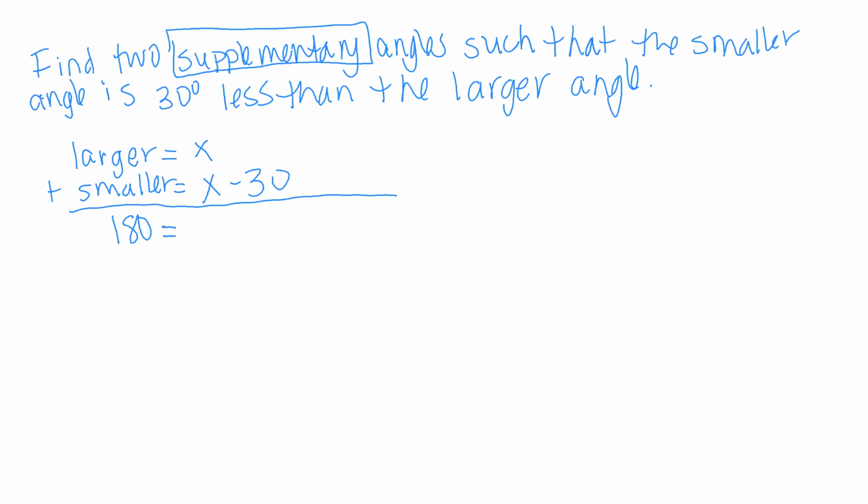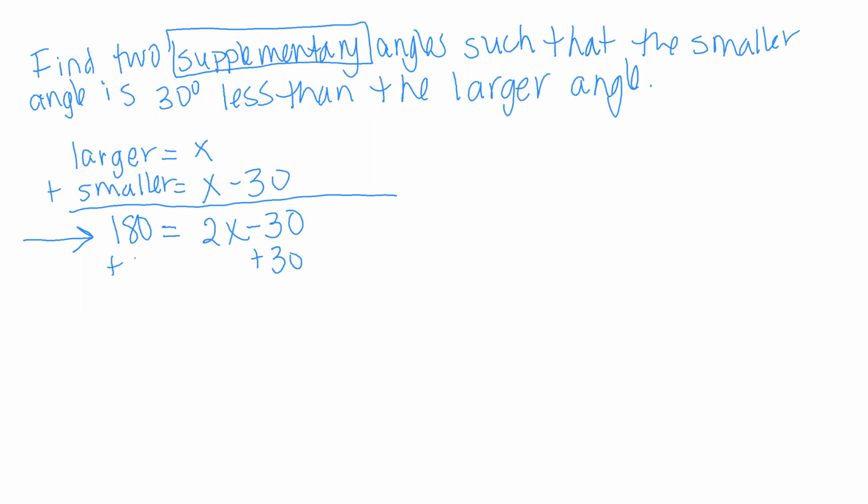At this point, you would combine like terms. So x plus x is 2x. There's nothing to combine with my minus 30, so I'm just going to bring it down. All right, so at this point, this right here is the equation that you want to solve. All right, first step is to isolate the term that contains the variable. So we want to isolate 2x.